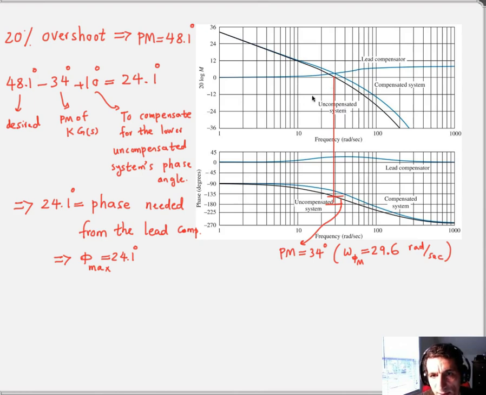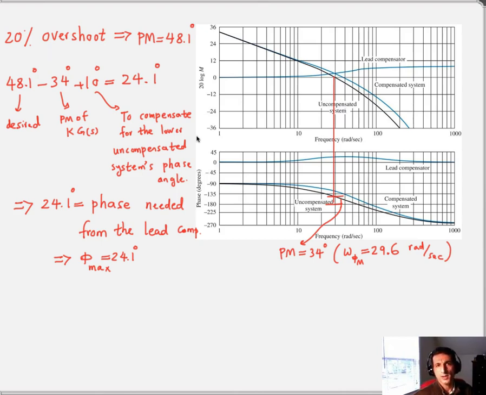At the point where it crosses the 0 dB line, if you see the phase distance between this point and negative 180, it is around 34 degrees, and the associated frequency is close to 30 radian per second. In fact, it is 29.6 radian per second.